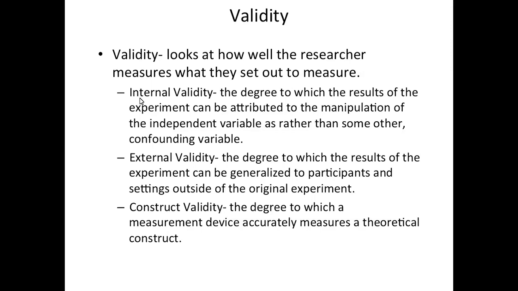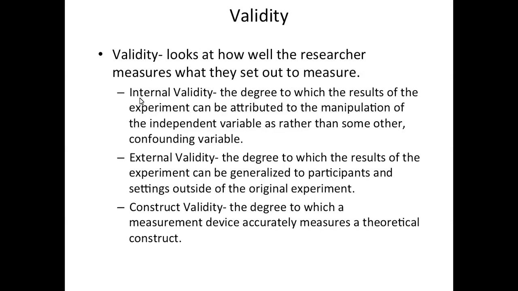When we talk about internal validity, if we were doing an experiment, we would be asking a question: does the independent variable truly cause changes to the dependent variable? Now, we said when we talked about an experiment in the previous video that you have to get rid of confounds, right?